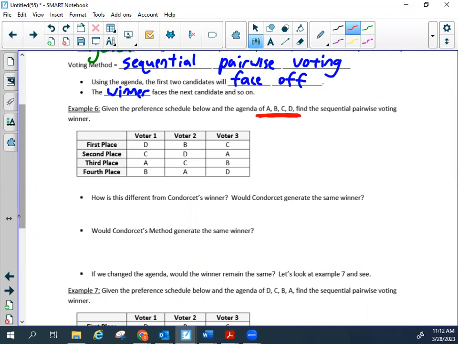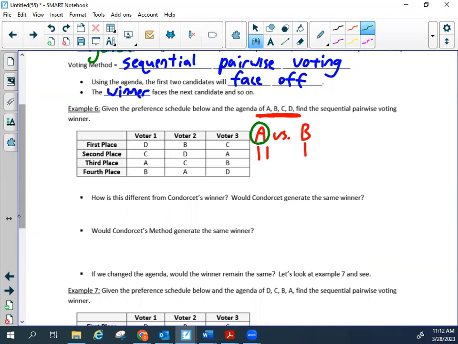So we start with the first two in the agenda, A versus B. Like Condorcet's method, we just see who wins each individual voter. So voter 1 goes to A, voter 2 goes to B, voter 3 goes to A. My winner is A.